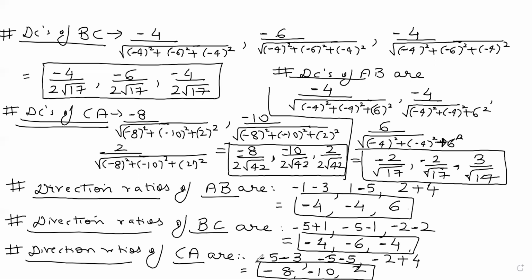We had done this before as well, the relationship between direction cosines and direction ratios. We directly apply the formula. Okay, we get direction cosines of AB, direction cosines of BC, and direction cosines of CA. So with this, guys, our exercise 11.1 of NCERT is completely over.